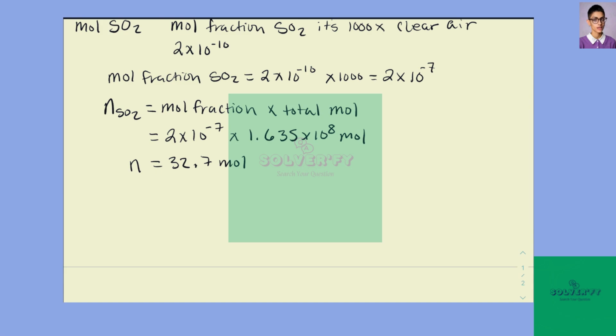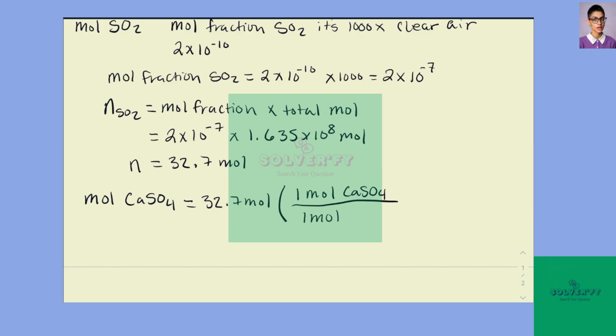So now that we have our moles of sulfur dioxide, we can get our moles of our calcium sulfate, and that's just going to be our moles of our sulfur dioxide times that 1-to-1 mole ratio, so 1 mole calcium sulfate to 1 mole sulfur dioxide.